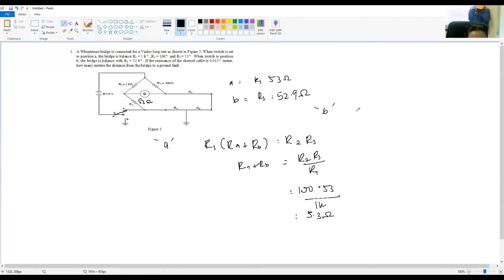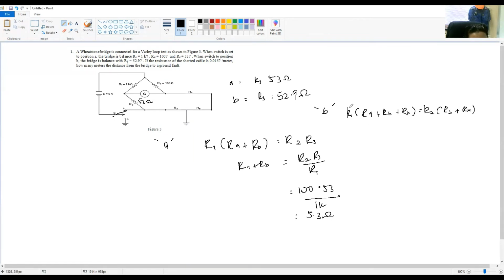Position B is the same. R1 (RA plus RB plus Rx), because we have the Rx here, equals R2 R3 plus Rx.